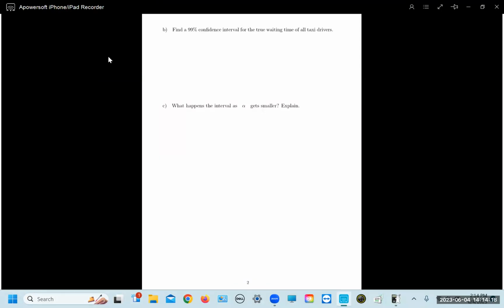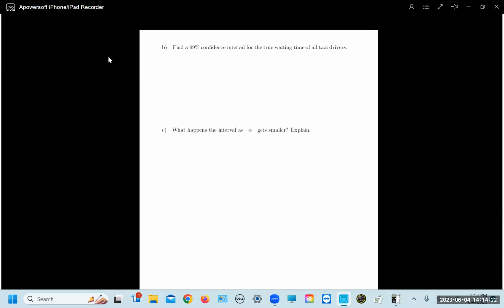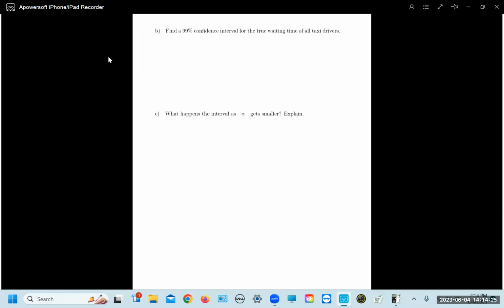Now for part B, the 99% confidence interval for the true waiting time for the taxi driver. So we have step one, alpha is 1 minus 0.99, and this one is 0.01.